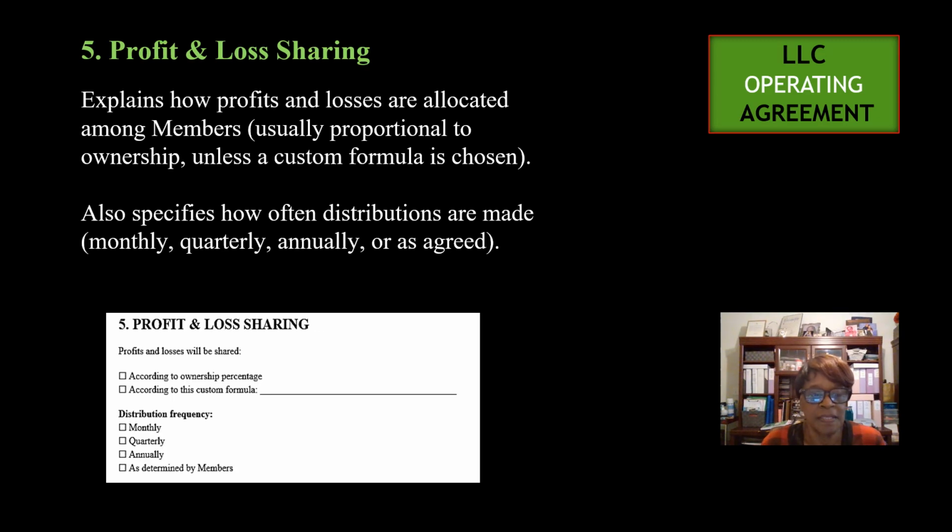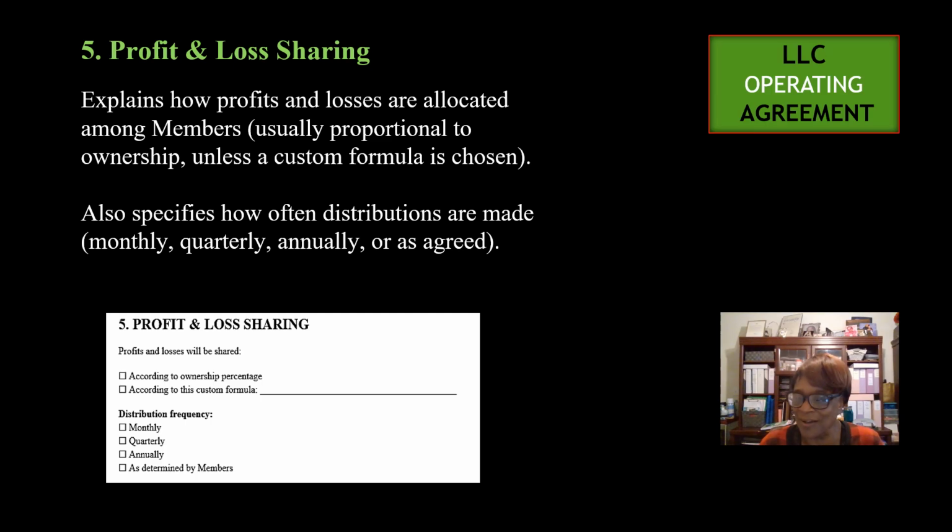Number 5, profit and loss sharing. It explains how your profits and losses are allocated among the members. Usually it's proportional to the ownership unless there is a custom formula that you've chosen for yourself. It also specifies how often distributions are made. Are they monthly? Are they quarterly?